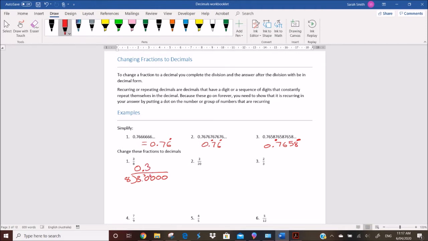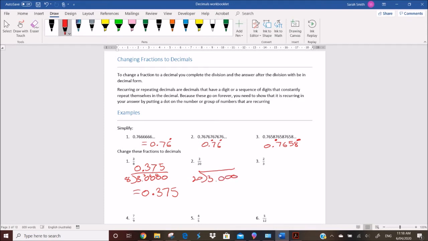That gives me a remainder of 6. 8 into 60 goes 7 times. That gives me a remainder of 4, and 8 into 40 goes 5. So our fraction up here is going to equal the decimal 0.375.